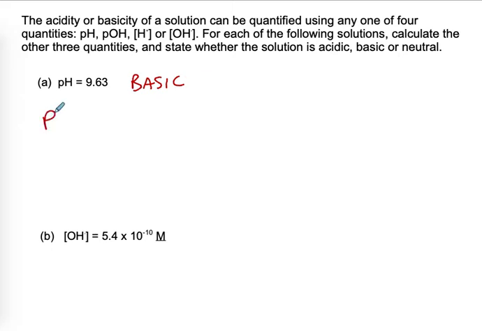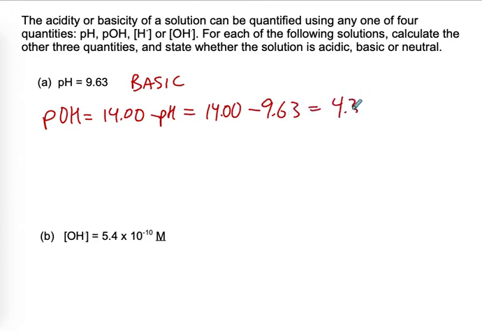I'm going to begin by calculating the pOH as 14.00 minus the pH, which is 14.00 minus 9.63, or 4.37 as my pOH. Notice that the logarithmic quantities, pH and pOH, are unitless quantities, and we customarily represent them with 2 digits after the decimal point.